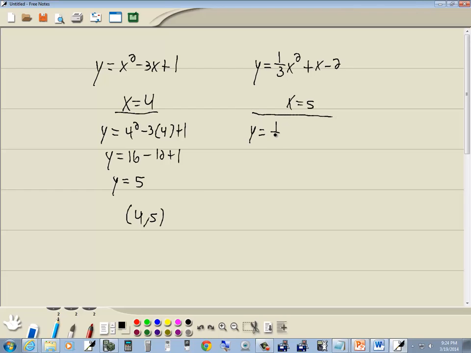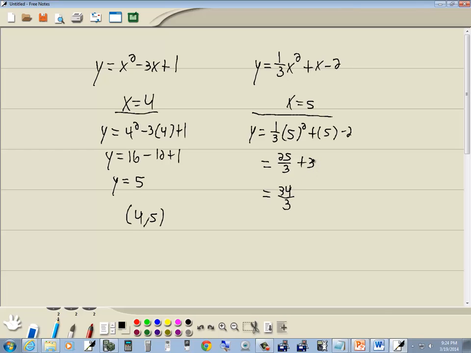We got 1/3 times 5 squared plus 5 minus 2. 5 squared is 25 times 1/3 is 25 thirds. 5 minus 2 is 3. This is a mixed number form, so I can take 3 times 3 is 9, plus the 25 is 34. And then our denominator stays as is.